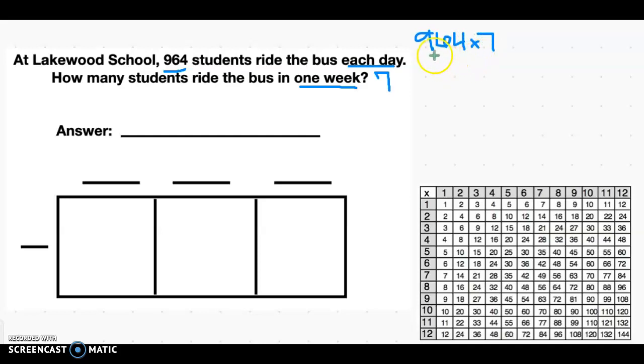So we are going to find the total number of students who ride the bus in 1 entire week. Let's go ahead and use the area model here to help us solve the multiplication problem.